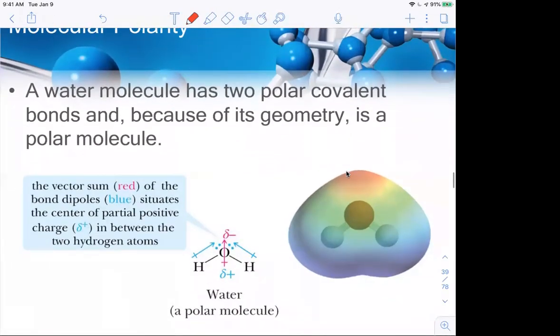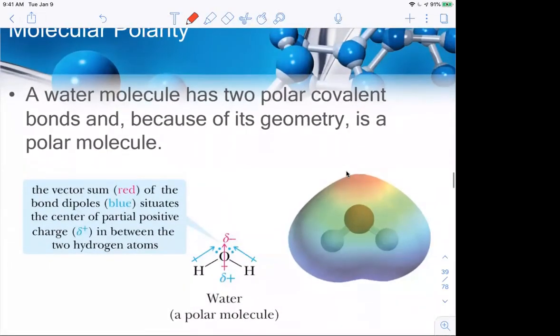Now, in terms of water, I have two polar covalent bonds. Because it is a non-symmetrical geometry, because this is bent, I have the blue vectors that go in this direction. If I add those together, I'm going to get this pink one that goes from the center.